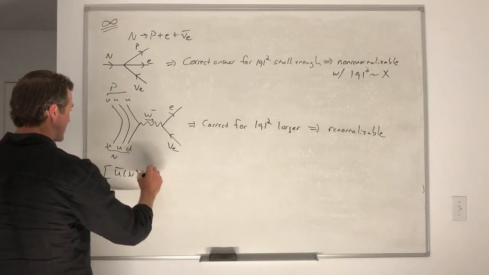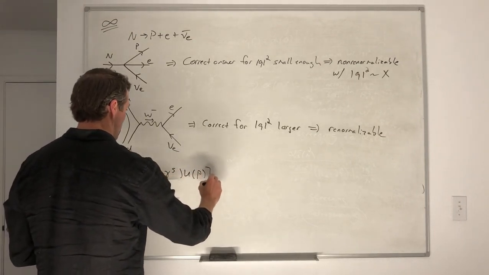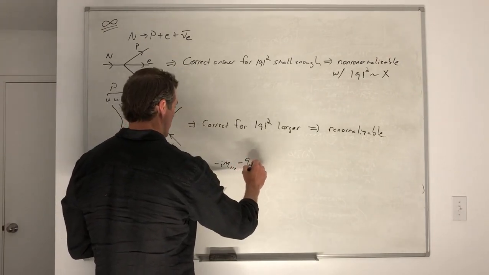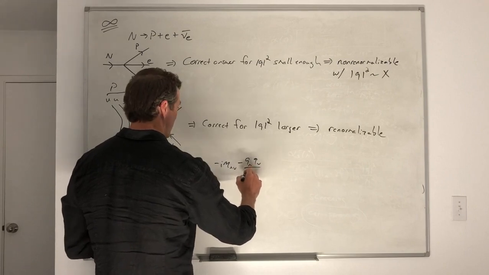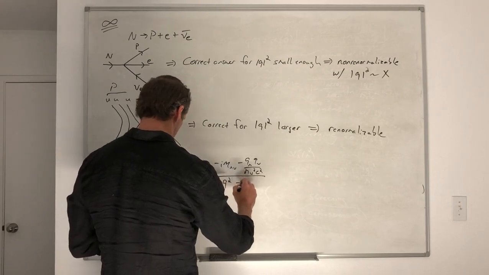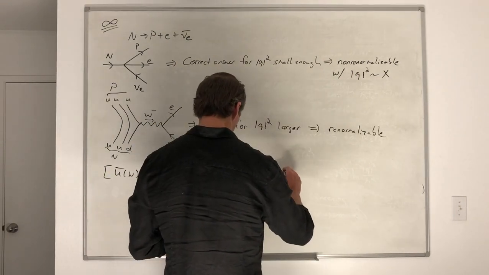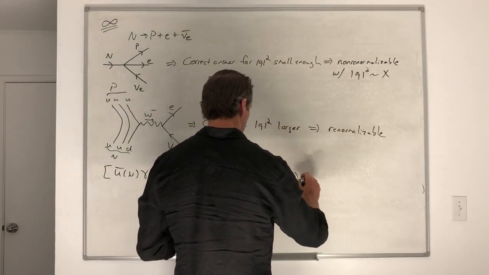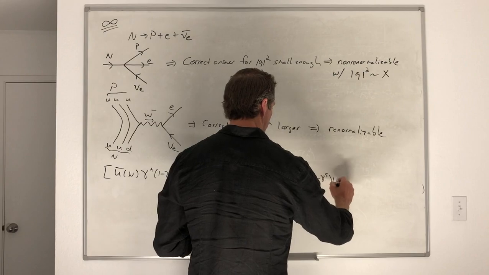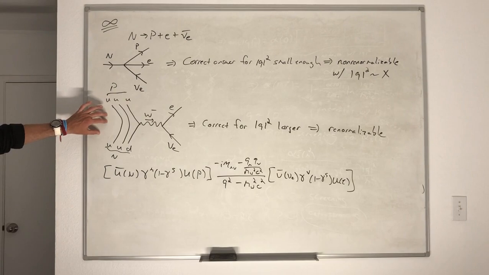We have U bar for the neutron, gamma mu, 1 minus gamma 5, U for the proton, minus i eta mu nu, minus Q mu, Q nu, over mw squared c squared, over q squared minus mw squared c squared, times v bar for the neutrino, gamma nu, 1 minus gamma 5, times u for the electron. Okay, so that corresponds to this diagram.